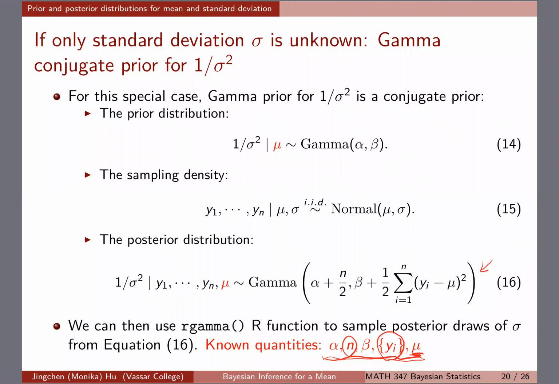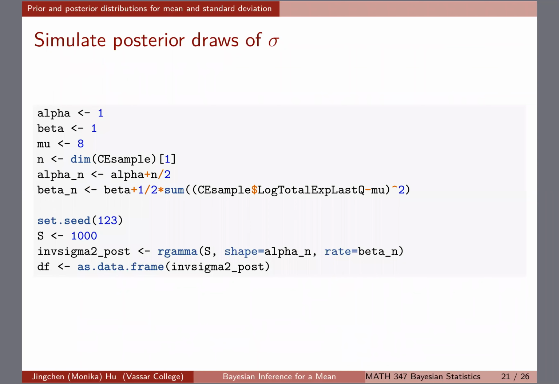Okay? So just as a demonstration, this is the case where we assume alpha is 1 and beta is 1, a gamma(1, 1) prior, and then we assume that we know mu is 8. Okay, so mu is given in this case. So what you can see is we define what the beta and alpha values are. They're both 1. And then we can compute, based on the formula that we saw, equation 16 of the posterior distribution, the updated alpha and the updated beta from these 2 lines.